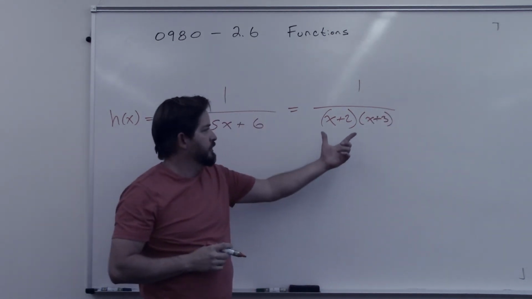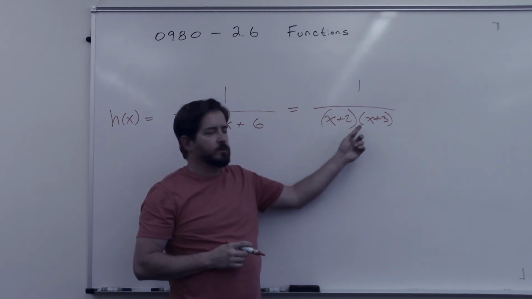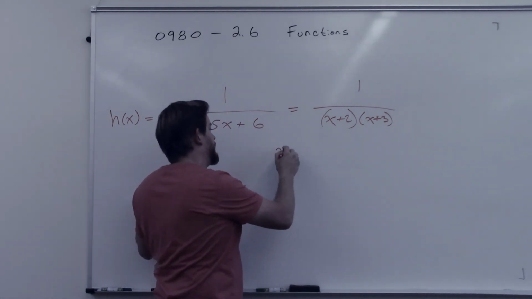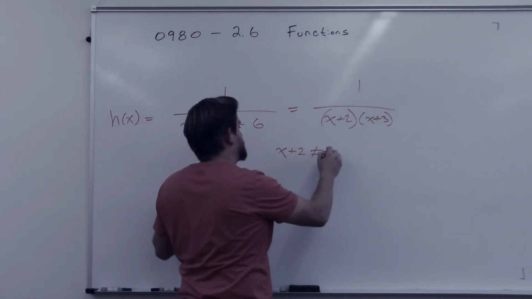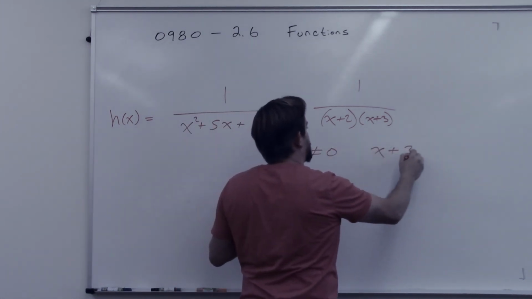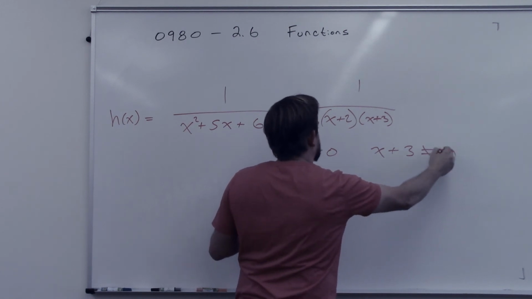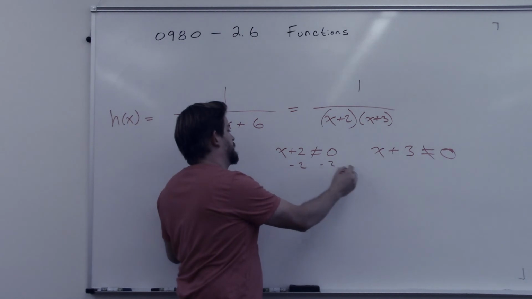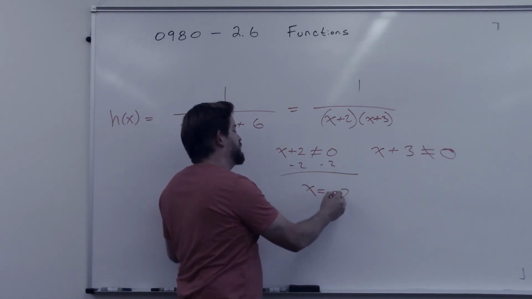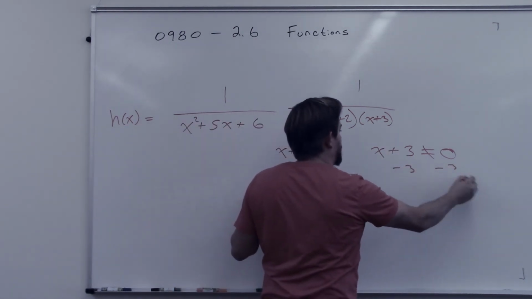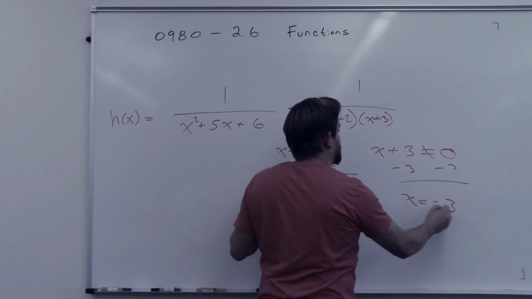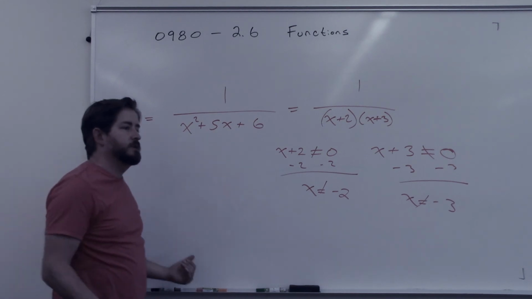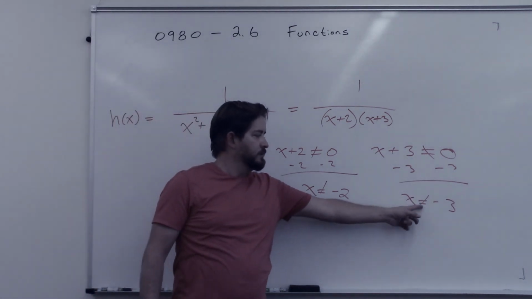And this whole denominator will be 0 if x plus 2 is 0, or if x plus 3 is 0, because these things are multiplied together. And so I get x plus 2 can't be 0, and I can also not have x plus 3 be 0, right? So I just subtract 2, x can't be negative 2, and subtract 3, and x cannot be negative 3. Those are my two conditions. It can be all real numbers except negative 2 and negative 3.